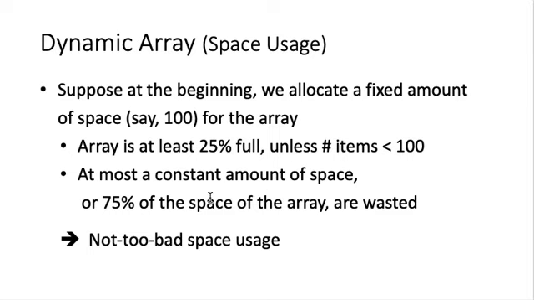It looks a little bit bad, but it's not that bad, because only a fixed ratio of the space is wasted. Whenever we have wasted space, we guarantee that there are always enough items really being stored. So it is not too bad for the space usage.